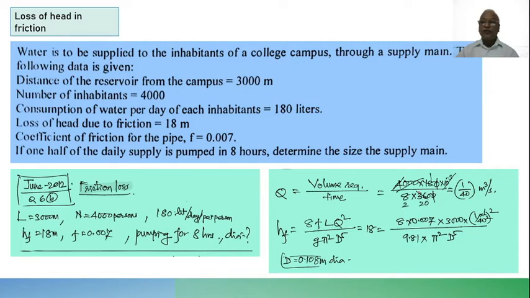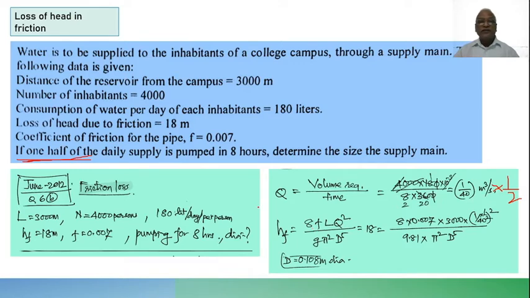I have taken full. So this should have been into half. Means it should have been 1/80 meter cube per second should have been the discharge. That's all. Right, I have taken the full supply, because half of the supply is pumped in 8 hours.